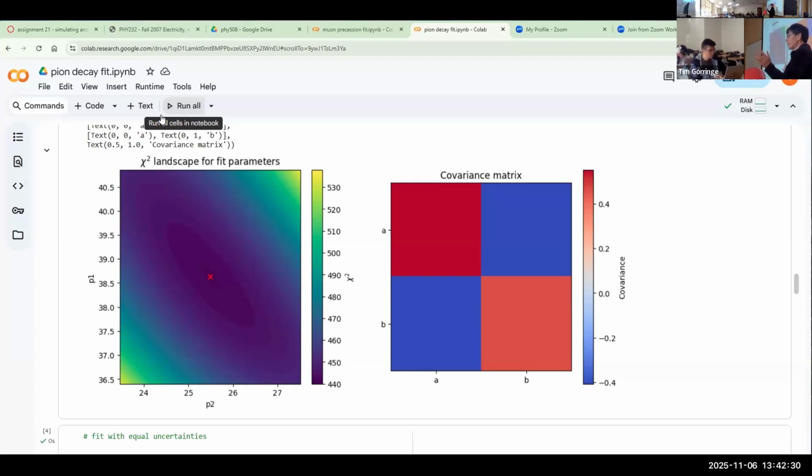I just calculated the chi-squared over a grid of this range of the parameters. It's hard on the slide to read the color coding, but the dark blue region here is the lowest chi-squared, down here around 440. Then as you go to yellow, 530, that's higher chi-squared, down here and up here. So you're seeing the valley of the chi-squared.